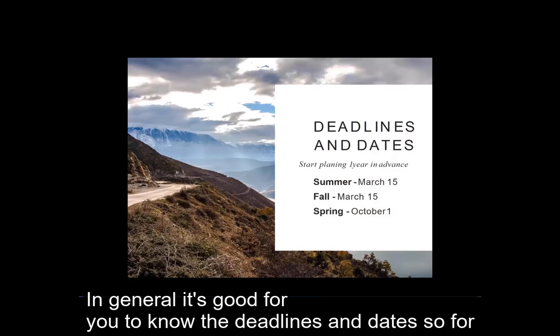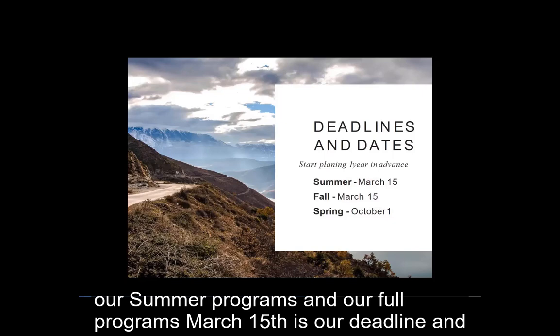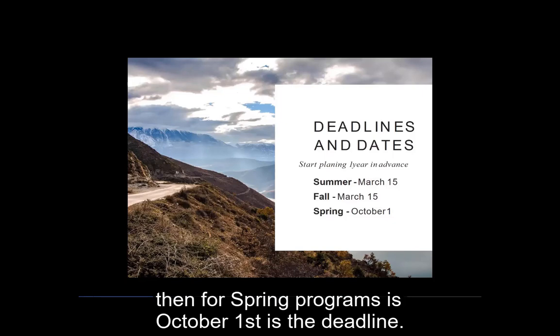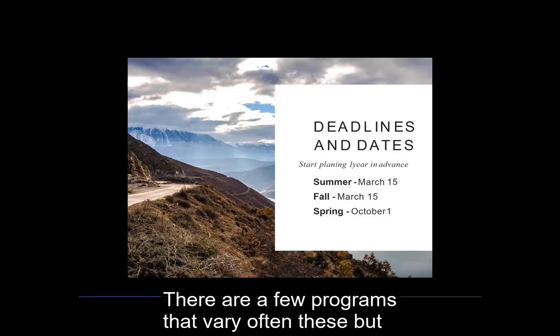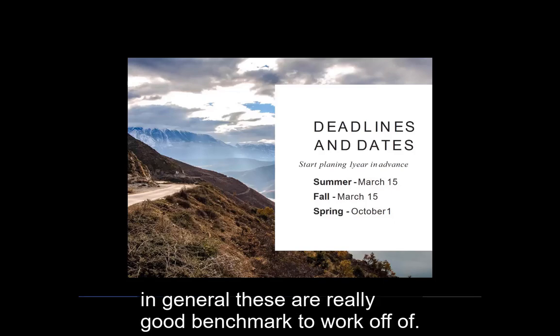In general, it's good for you to know the deadlines and dates. So for our summer programs and our fall programs, March 15th is our deadlines, and then for our spring programs, October 1st is the deadline. There are a few programs that vary off of these, but in general, these are a really good benchmark to work off of.